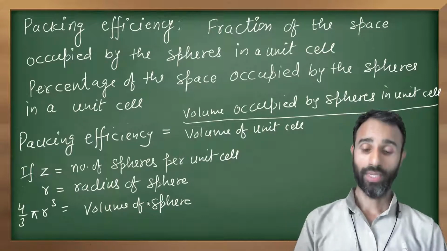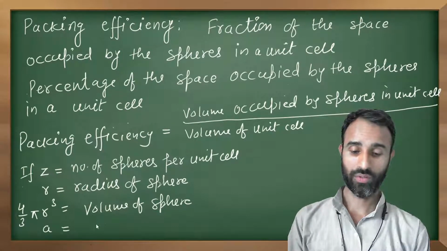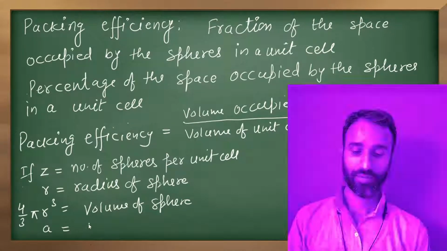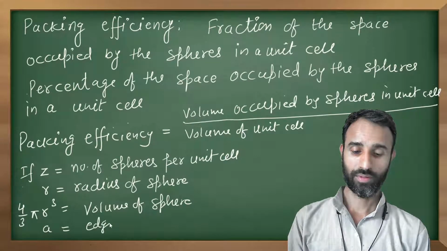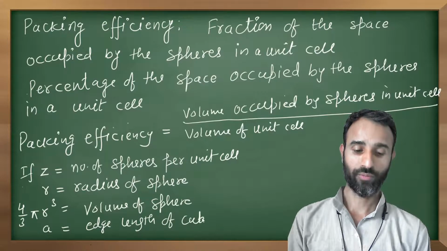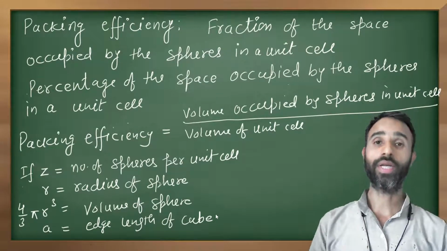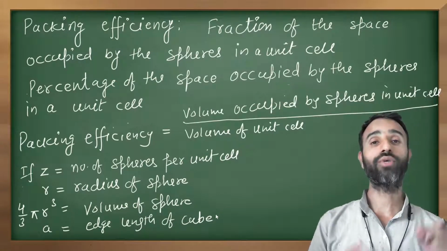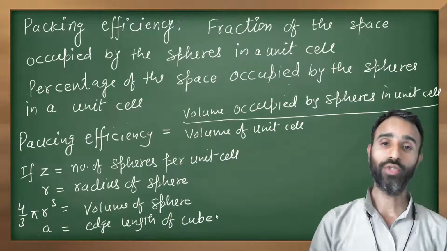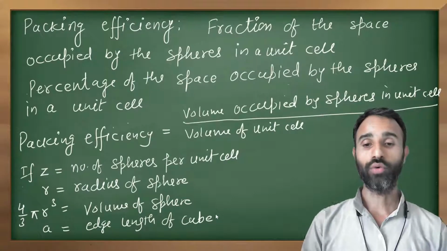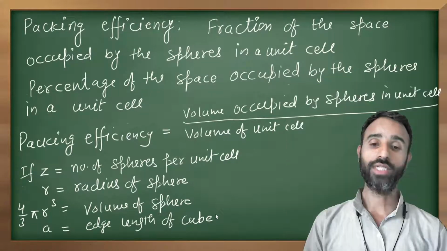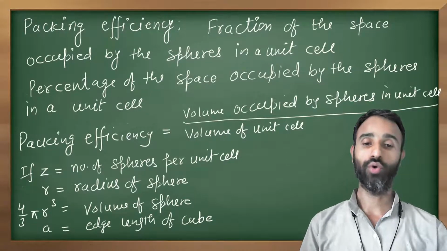And if A is the edge length of the cube, because we are considering the cubic system, we are calculating packing efficiency for simple cubic, body centered cubic and face centered cubic. So if A is the edge length, what is the volume of the cube?